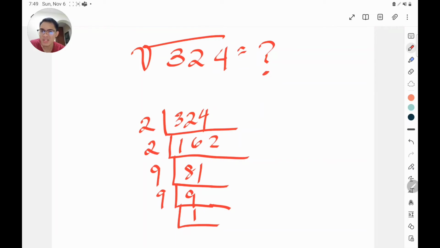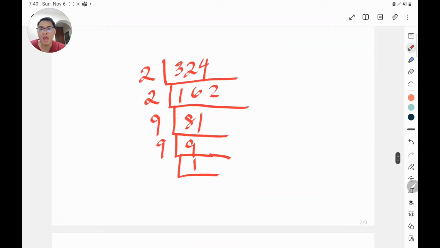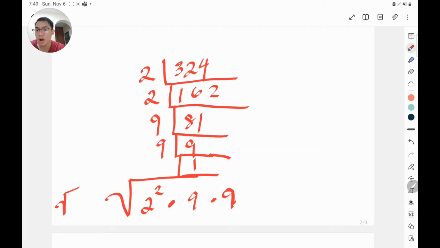Because if we use 3, we just have to go back there again. And besides, 9 is a perfect square anyway, so we can just use that afterwards. So now we have 2 times 2, that will equal 2 squared, correct? Times 9 times 9, correct? Now we take the square root of them, because we're trying to find the square root of 324, and that would equal this.